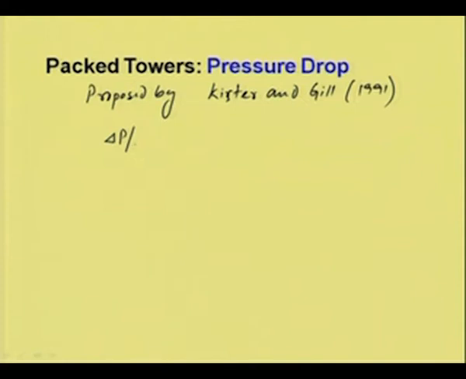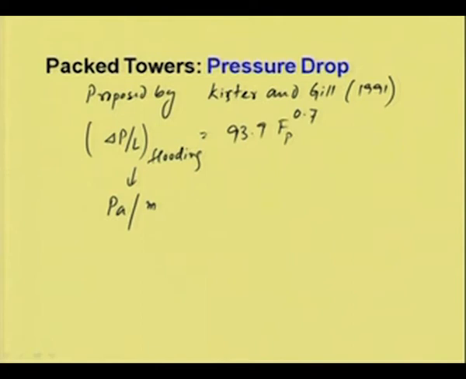Delta P by L at flooding is equal to 93.9 Fp to the power 0.7, and the unit of this is Pascal per meter of packing height, where Fp is in feet square per feet cube.